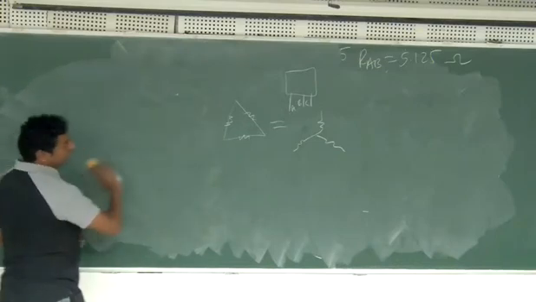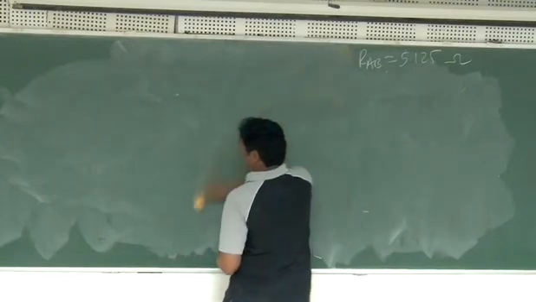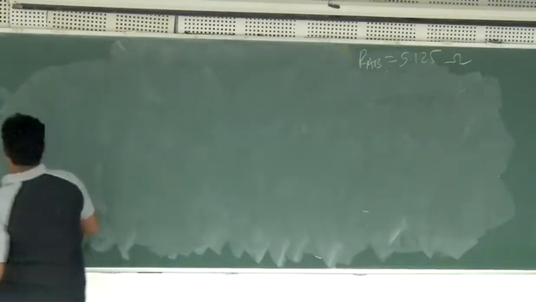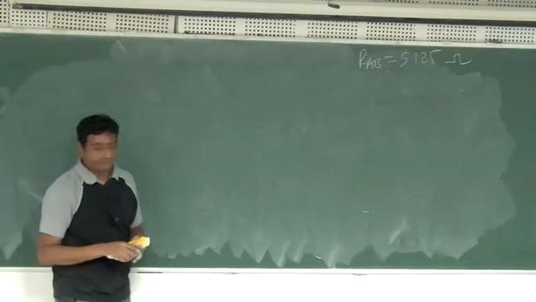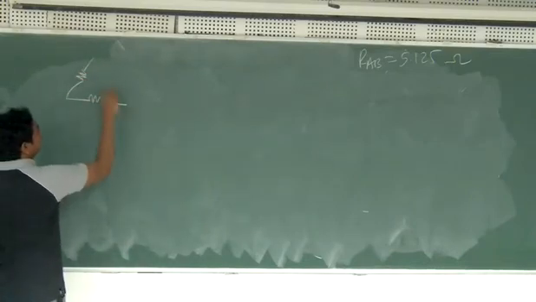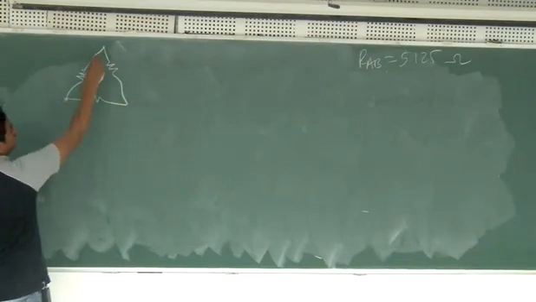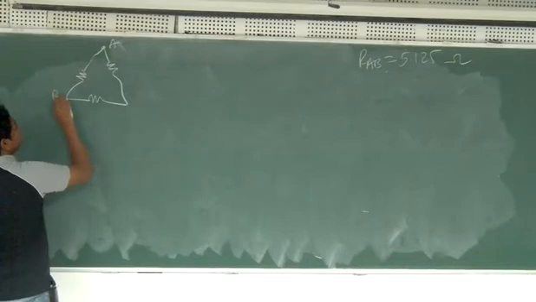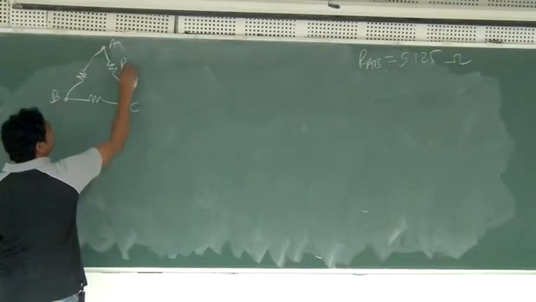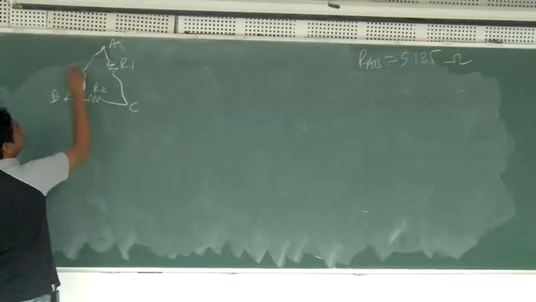So if you are thinking of that kind of transformation, let's mark this as A, B and C, and let's call the resistances R1, R2 and R3.